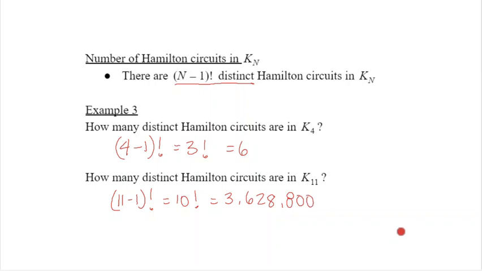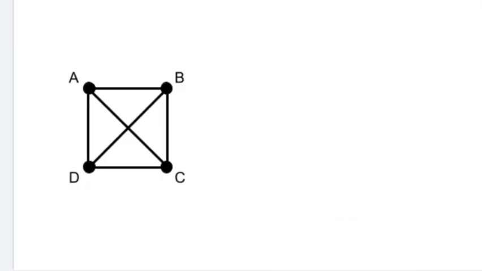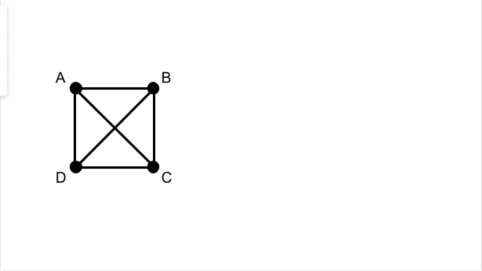So let's go back to what do we mean by distinct Hamilton circuits? Well, here we have the graph of K4. We have 4 vertices, A, B, C, and D, and each vertex is connected to every other vertex in the graph.